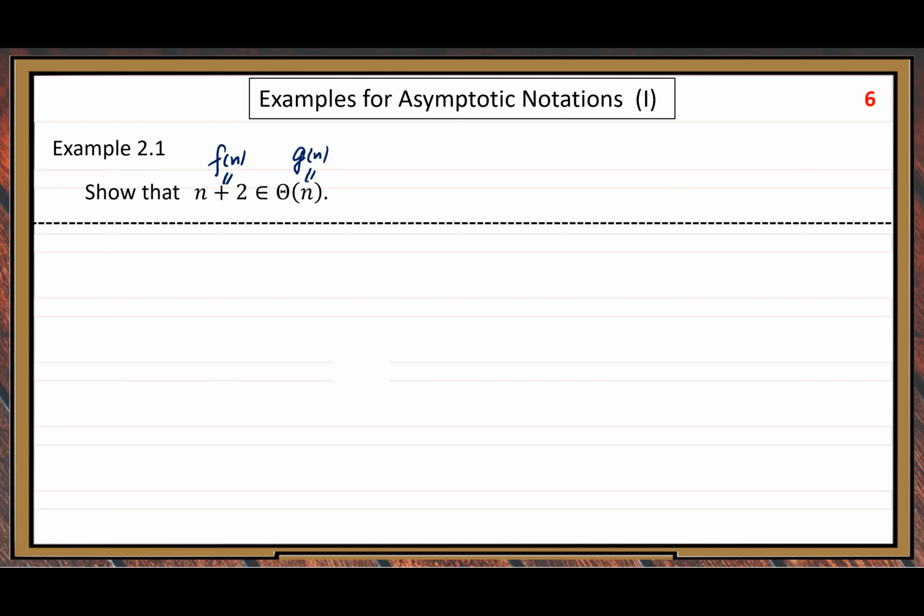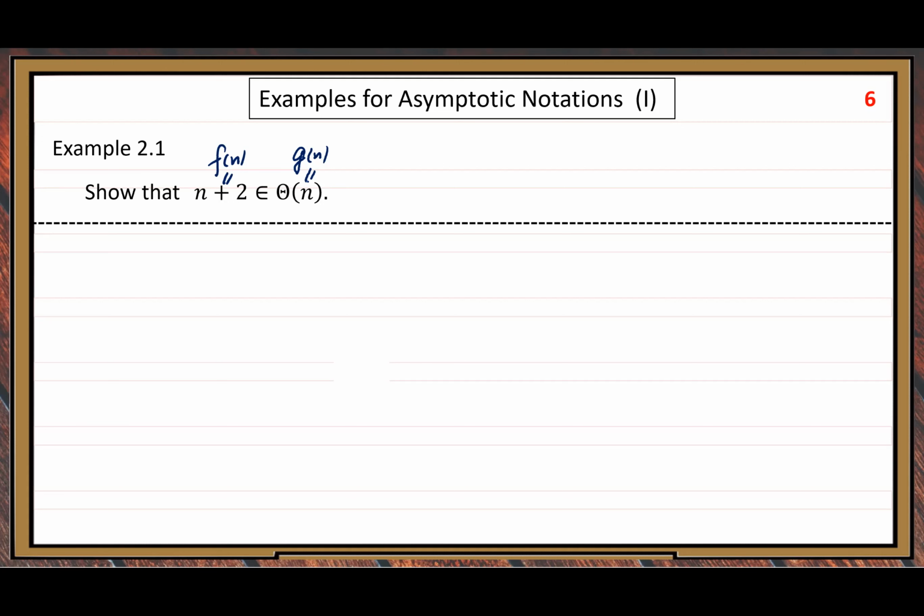And to answer this question, you have two different ways, right? The first is the limit way, because for big theta, we can calculate the limit.